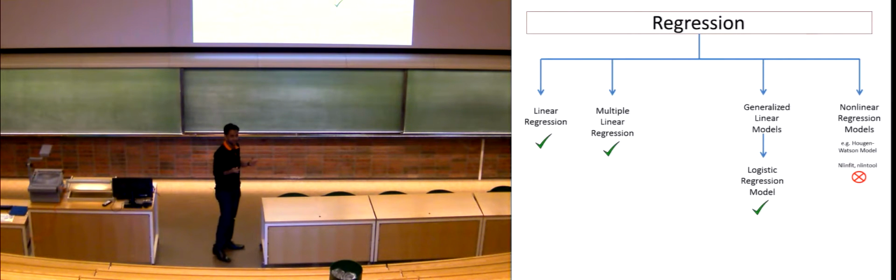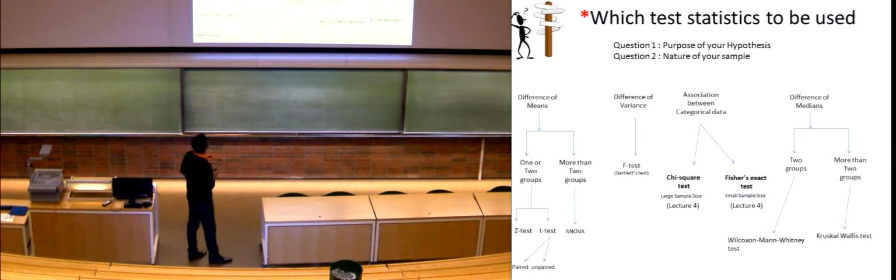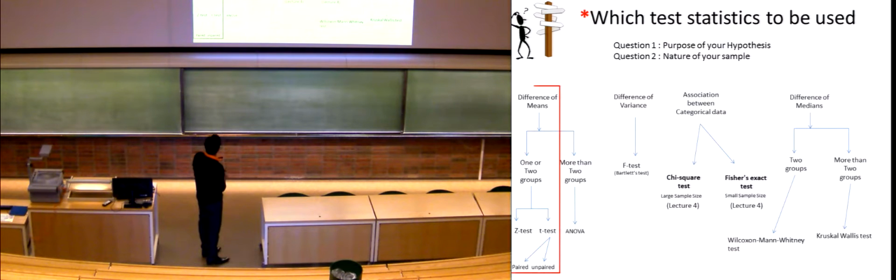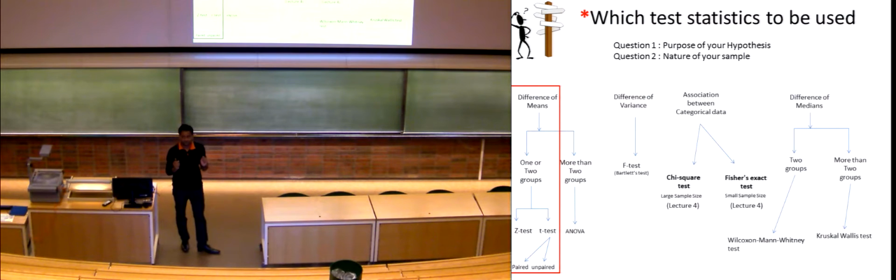Okay. So last time we saw this chart where there are different purposes of your hypothesis and the nature of your sample, and based on that you have different tests, right? Especially for this particular purpose, which is the difference of means: if you want to compare two different groups using their means, then we use either a t-test or a z-test.